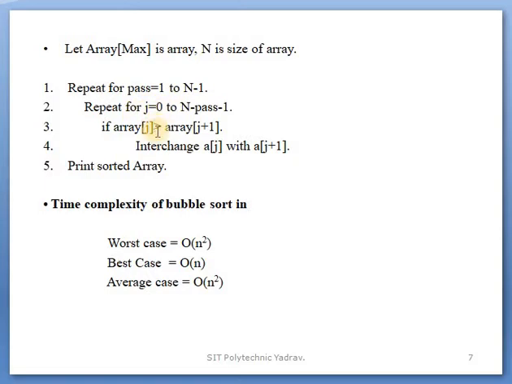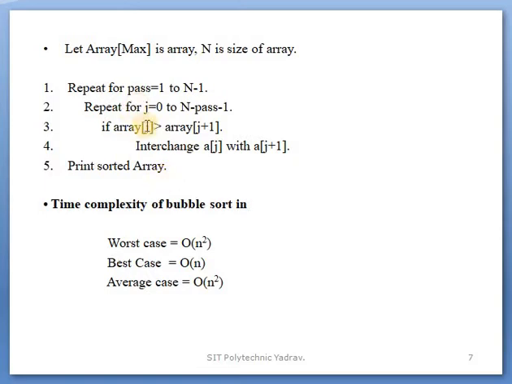J is equal to 0 means the 0th position starts. If the 0th position is greater than position 0 plus 1, meaning 1, and that is true, then interchange, otherwise not. This repeats whenever your pass is complete. After that, print the sorted array.